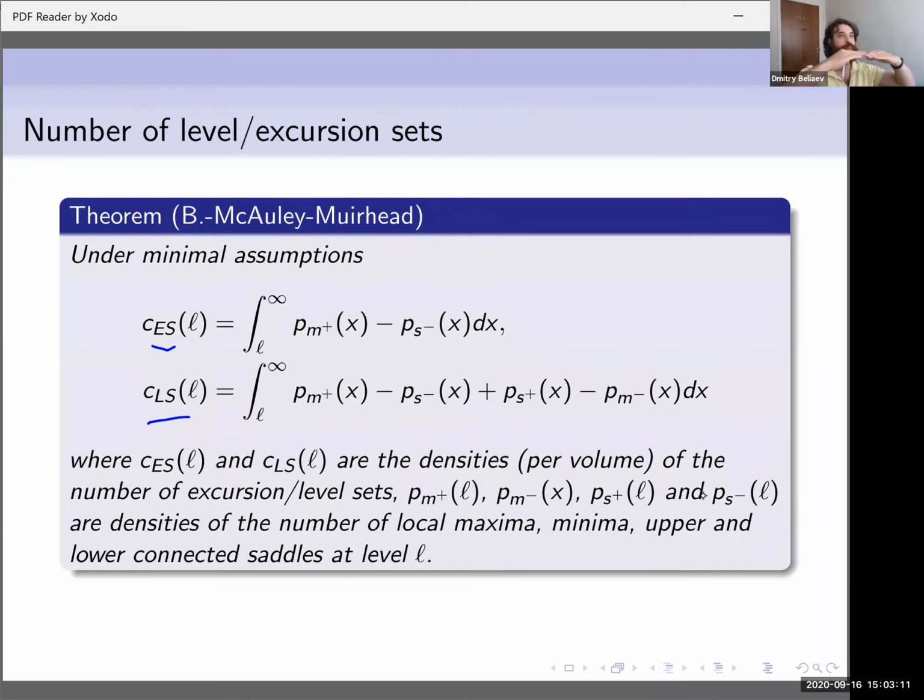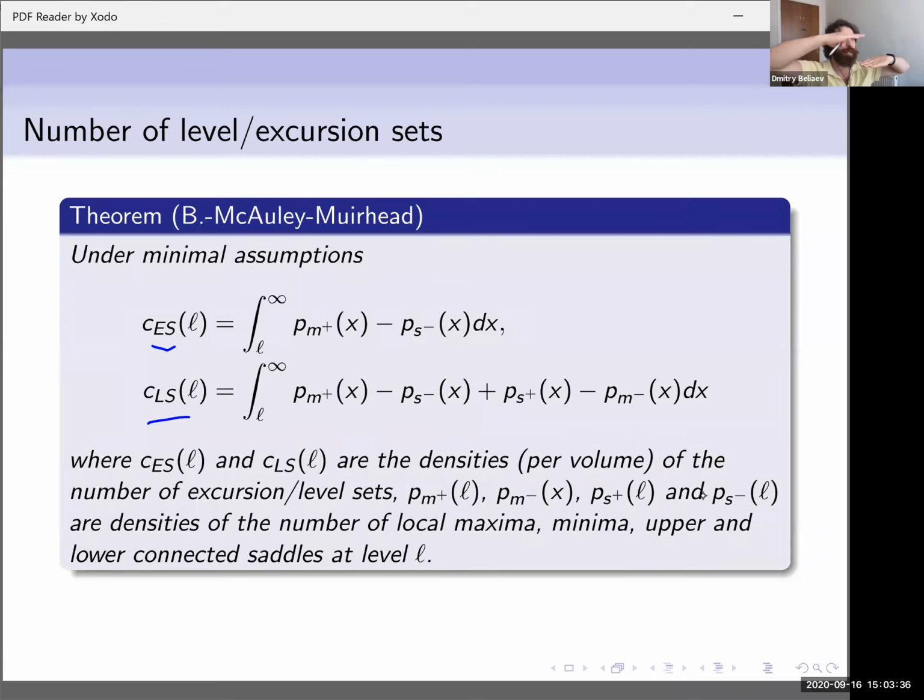When we start with our level and raise the level to infinity, at infinity, if you take a fixed domain and take a very high level, then there will be no domains at all. So at infinity, basically the constant is 0. And then you just count.